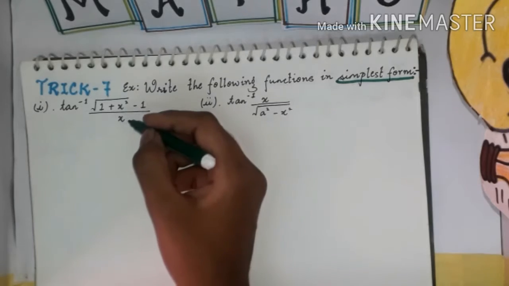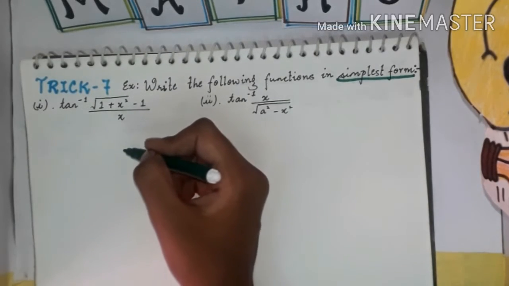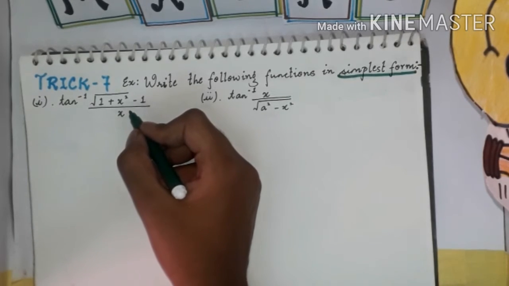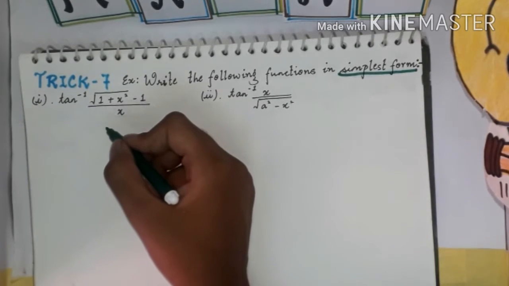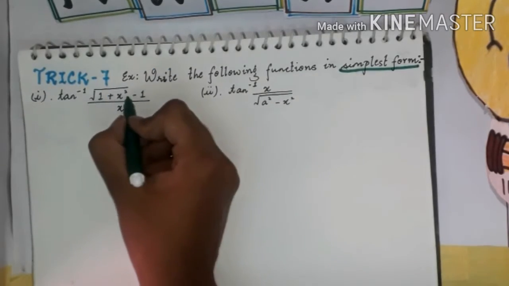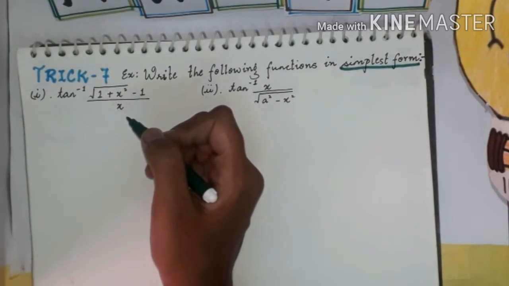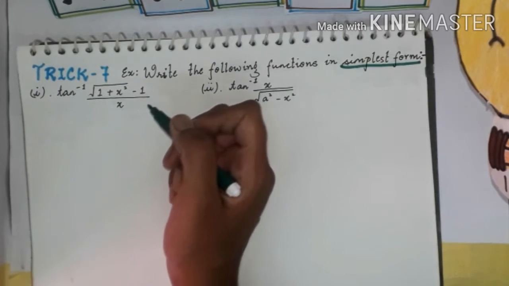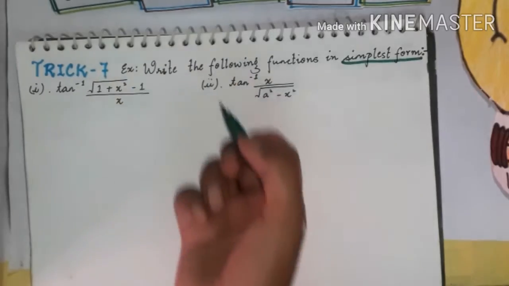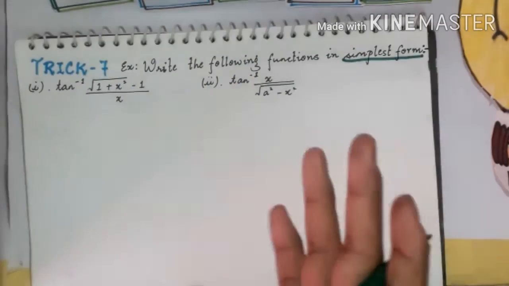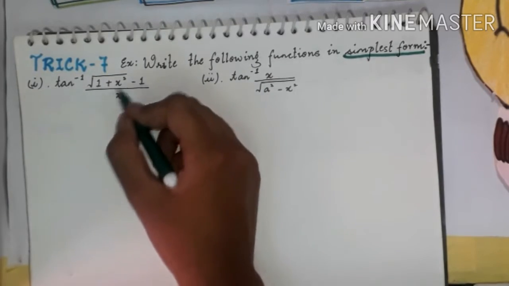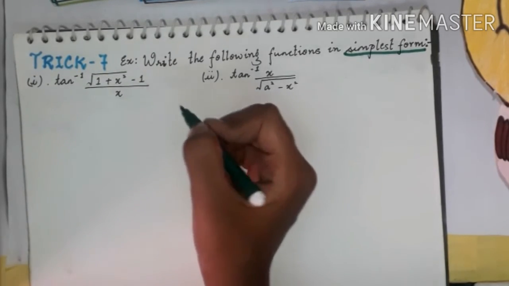Here in such questions, the trick used is you have to let the value of x. In different questions, you give different values to x. So in such a question, you have to let such a value of x so that it becomes an identity. For example, in this question, are you reminded of any identity that you have studied in class 10th or 11th? 1 plus x square.